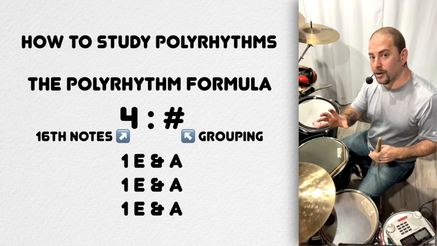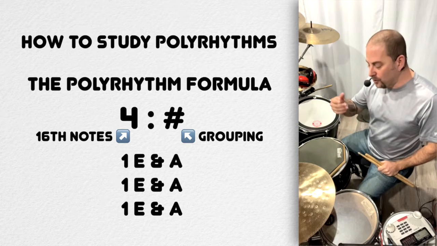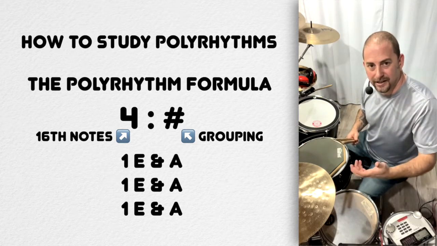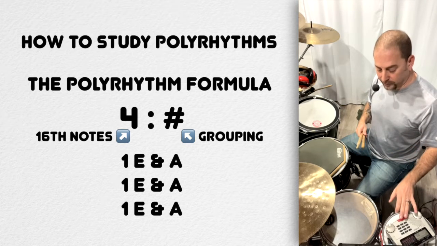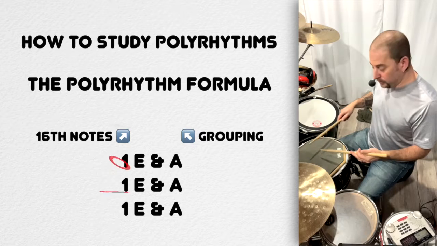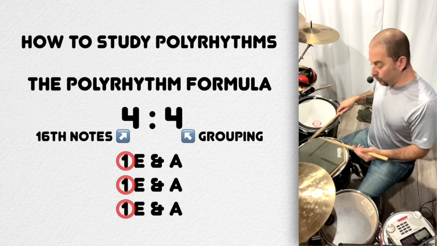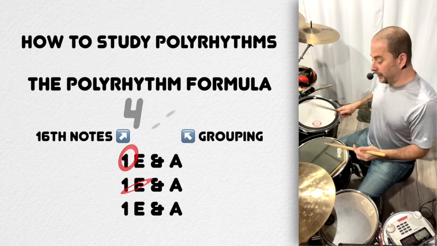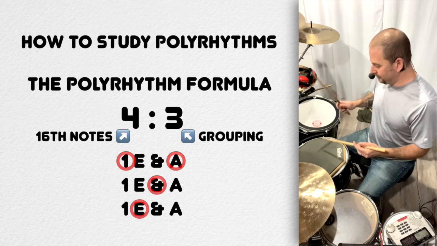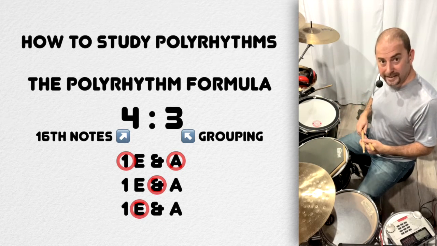The second number talks about the grouping, how you want to group those 16th notes. And when I say grouping, I'm talking about how we're accenting those 16th notes. So if the 16th notes are here, and I grouped them in 4, it works right with the beat. But if I grouped them in 3, notice that sound?